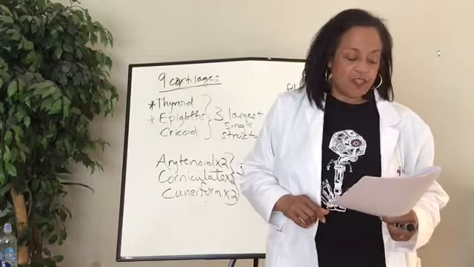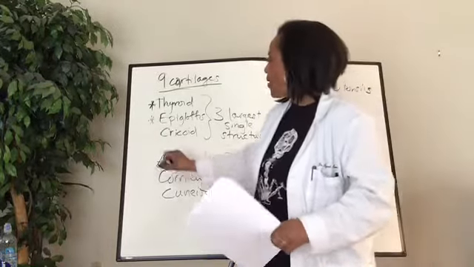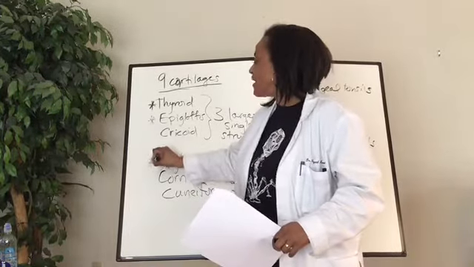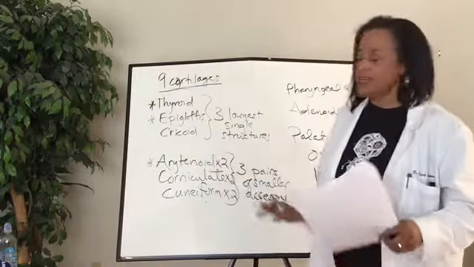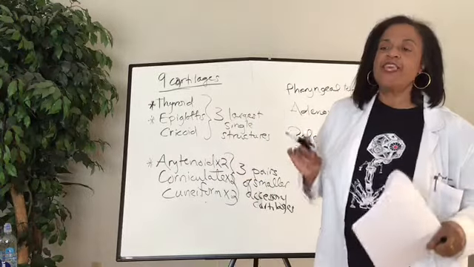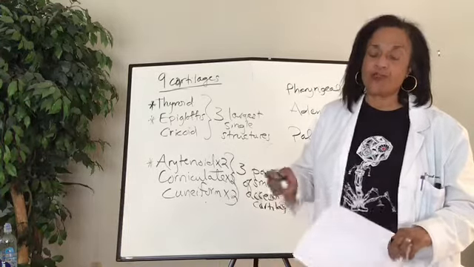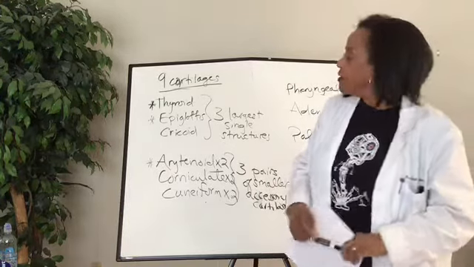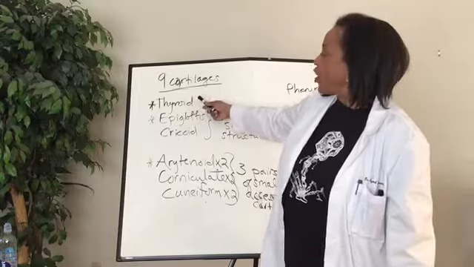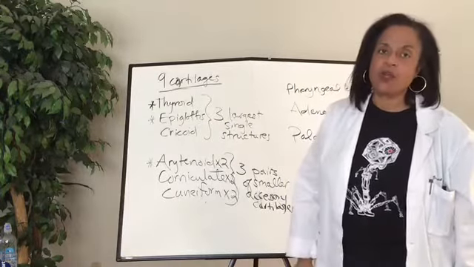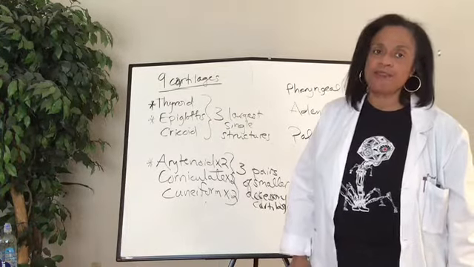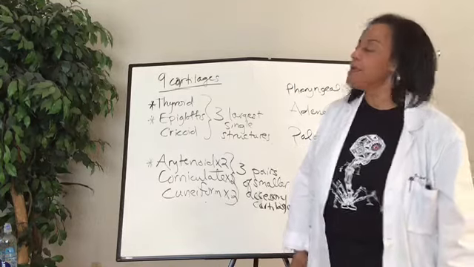And then the arytenoid cartilage is a smaller accessory cartilage that's paired, so there are 2 of them. These are important because they're points of attachment for the vocal cords. So for the thyroid cartilage, please remember to put cartilage with thyroid, otherwise I'm going to think you're talking about a gland.